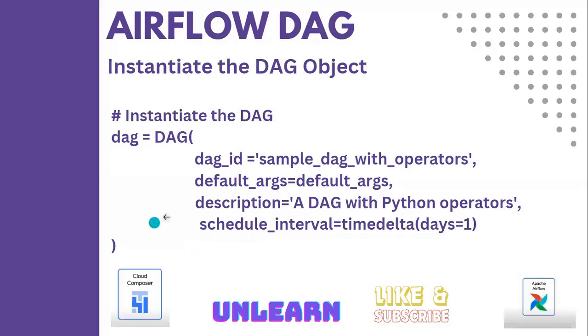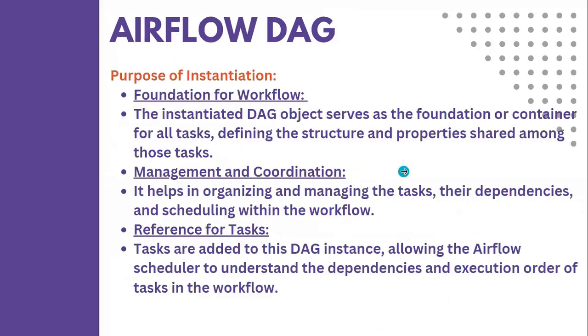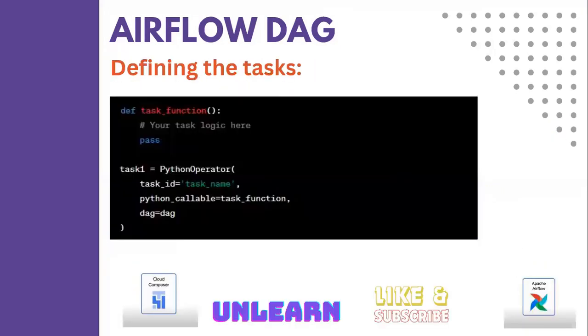And next, the very important one is the task preparation. We need to prepare the tasks, and if it is the Python operator, we need to prepare the Python function also. In this Python function, you will have the business logic. Very important.